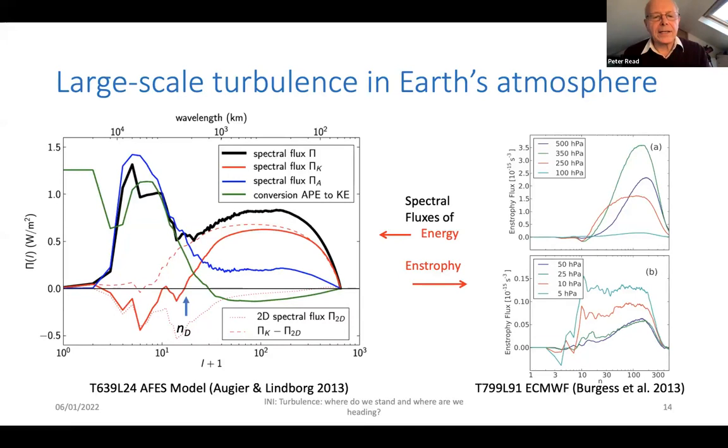So, it turns out to be important to separate the vortical component of the flow from the horizontally divergent component, by performing essentially a Helmholtz decomposition.